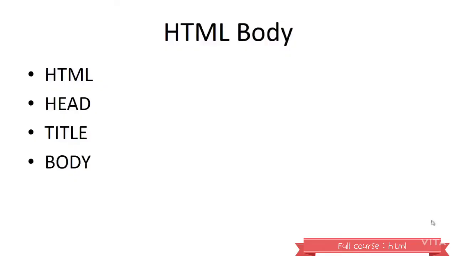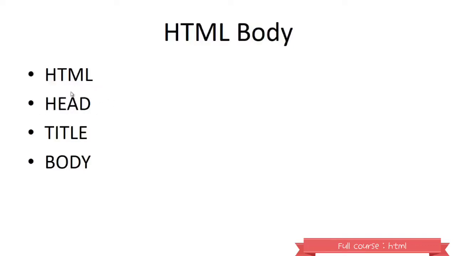Now, before I move on to video number 2, we are going to talk about the basic structure of an HTML body. Whenever you create a new HTML page, at the top you're going to have an HTML tag, and think of it as wrapping around everything. Right underneath the HTML you have the head.